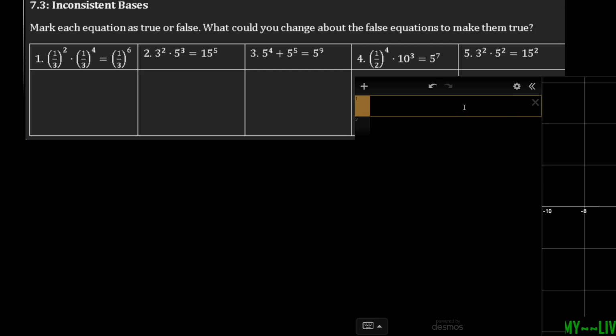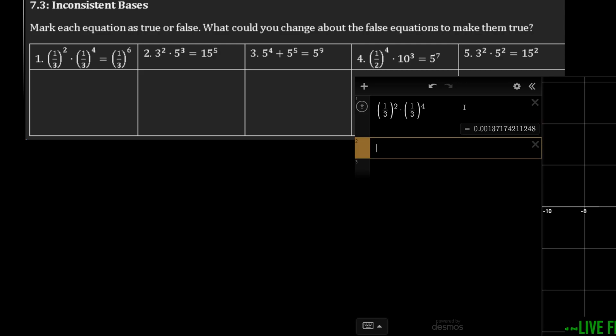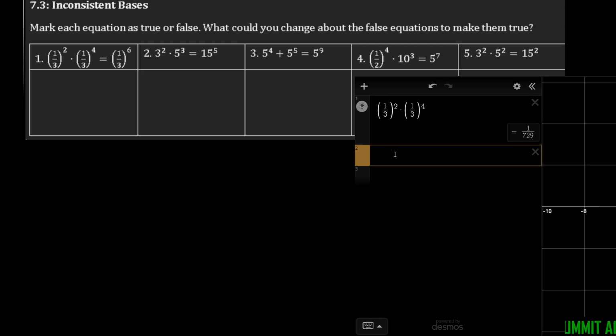So the first one, we have in parentheses 1 over 3 to the exponent 2, times, in parentheses 1 over 3 to the exponent of 4. Is that going to be equal to 1 over 3 to the exponent of 6?